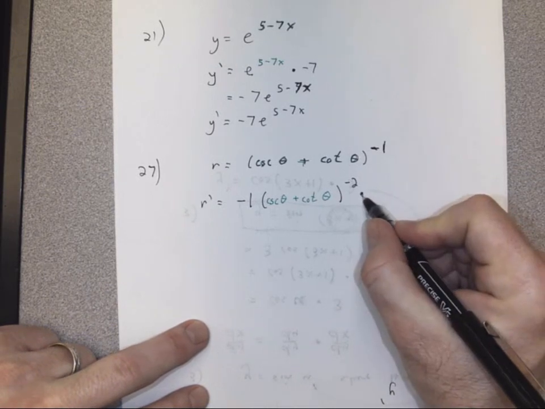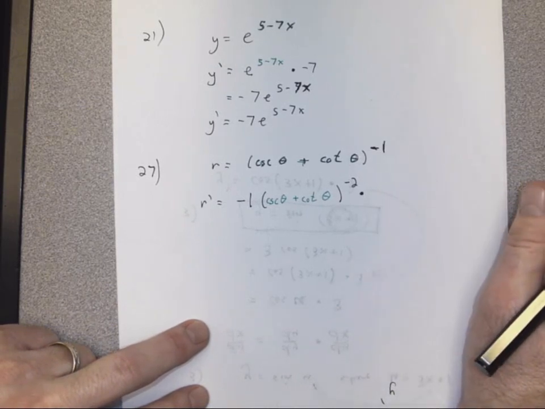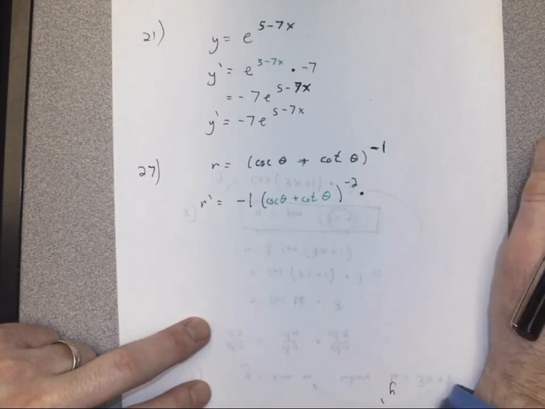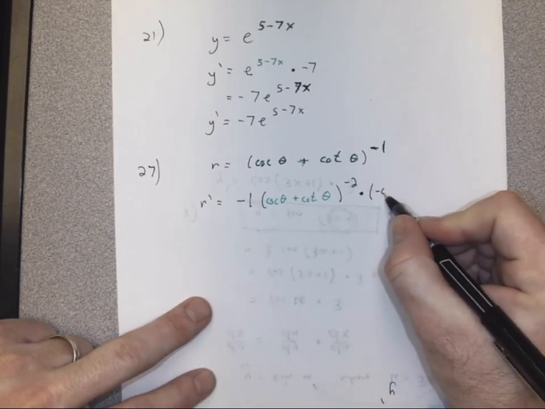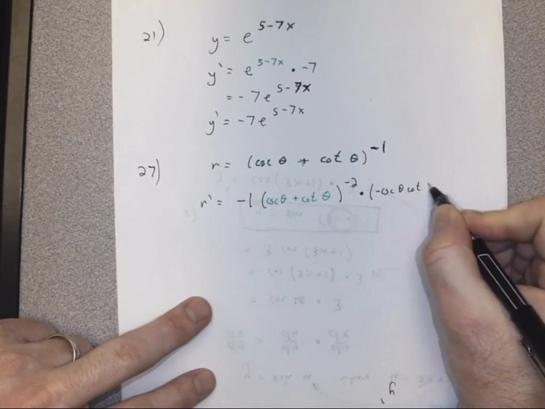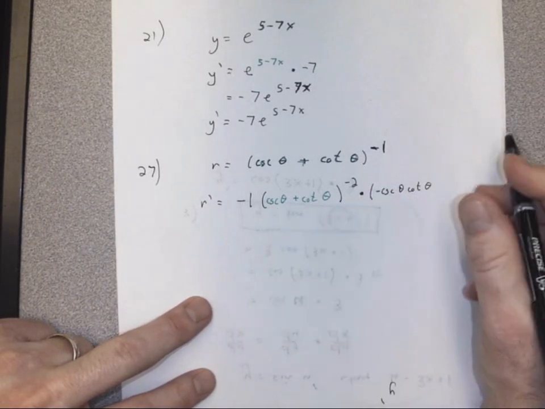Multiplied by, well, now we can worry about the inside part, right? Outside first, inside next. What's the derivative of the cosecant? Cosecant of theta, cotangent of theta. That's the derivative of the cosecant of theta.